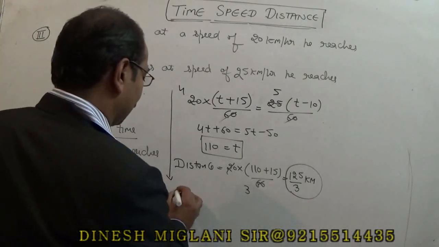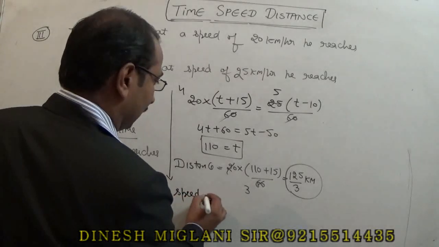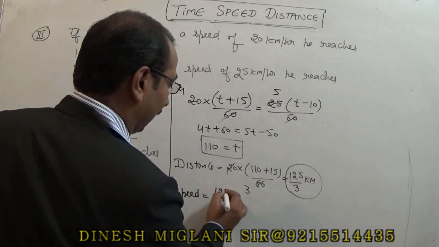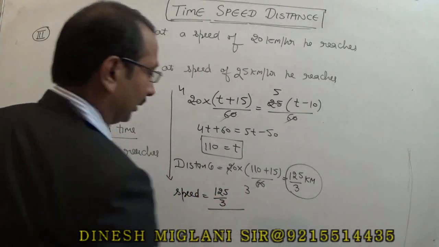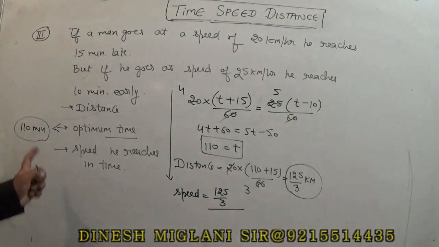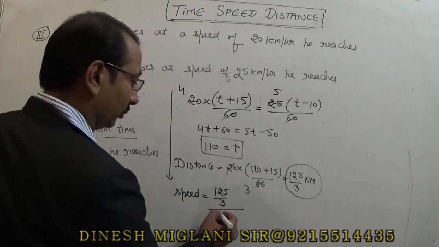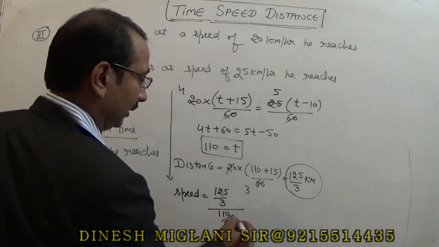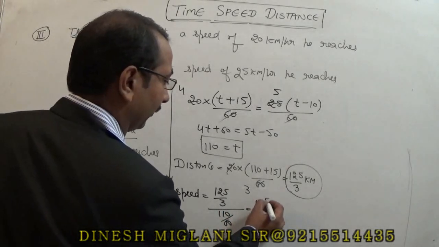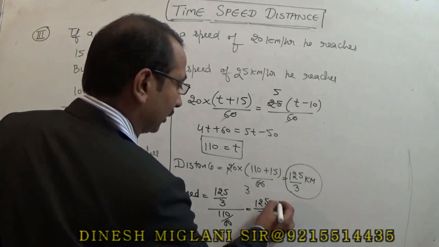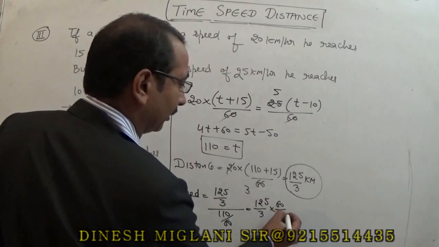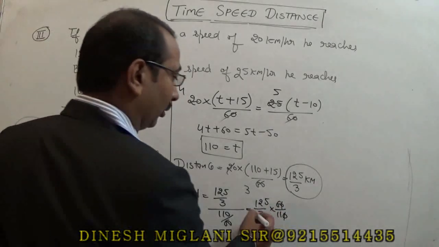Now we have to find the speed. So we can say the distance travelled is 125 upon 3, divided by the required time. Time is 110 minutes. I have to find the speed in kilometer per hour, so we convert into hours: 110 upon 60. This would be taken as 125 by 3 into 60 upon 110. This would be cancelled out. 3 will go over 2.